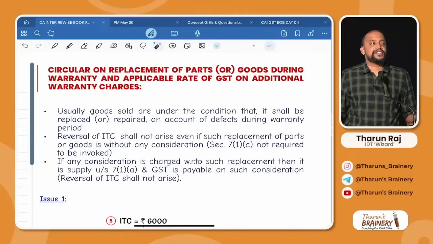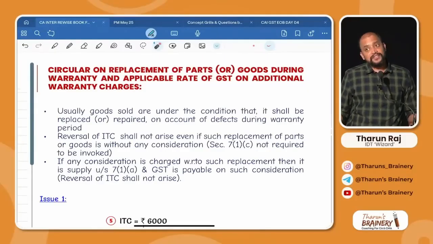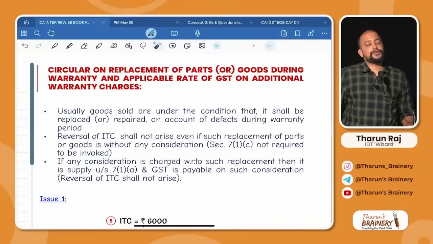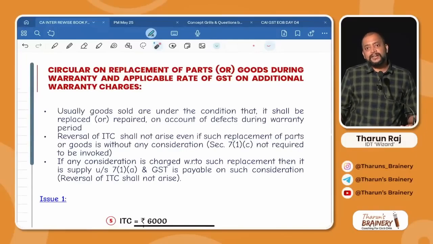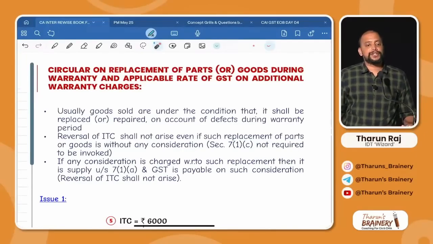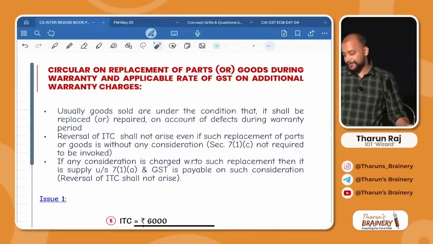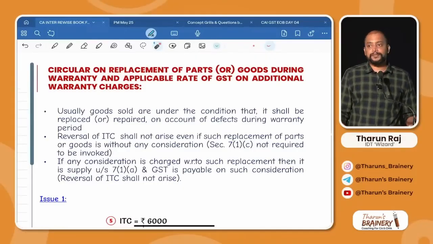In case of 18(1)(c) and 1(d), what is the closing stock time limit? You should have purchased it within 1 year. But 18(4), no time limit. Time limit for closing stock in case of 1(c) and 1(d) is within 1 year prior to closing stock. But in case of 18(4), no time limit. Good.